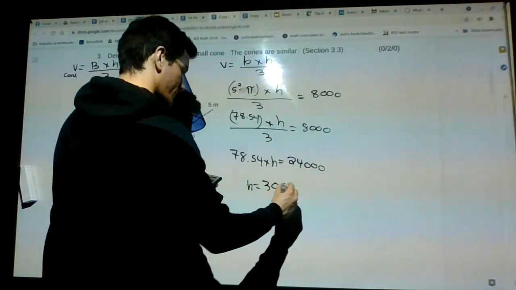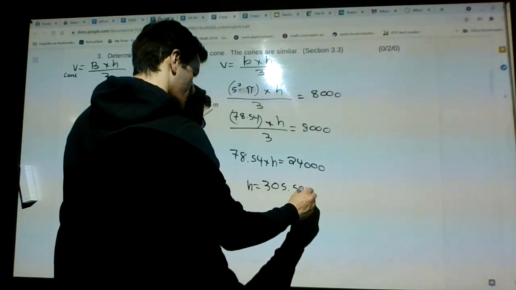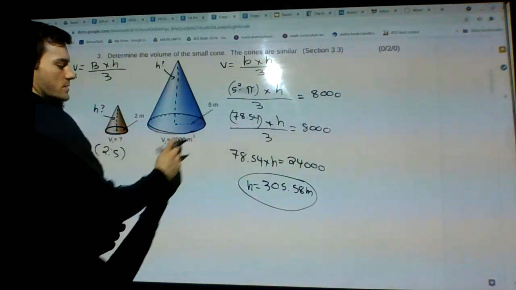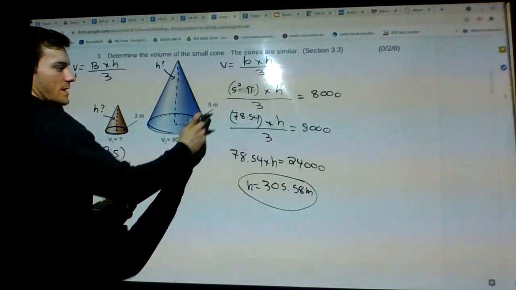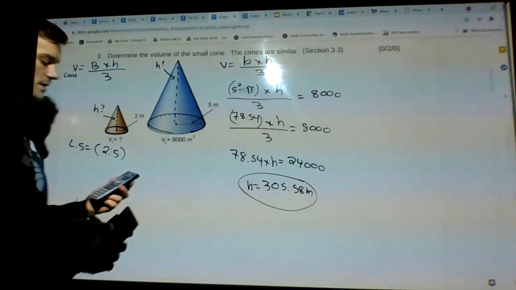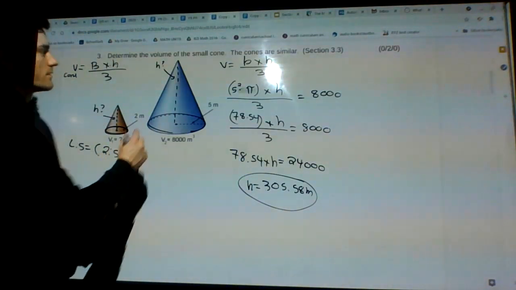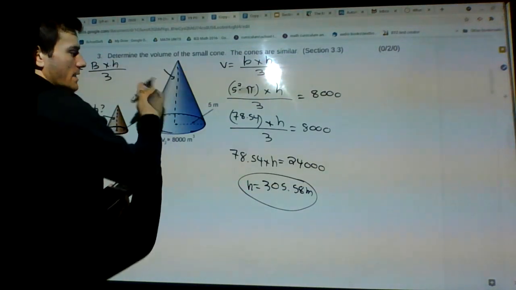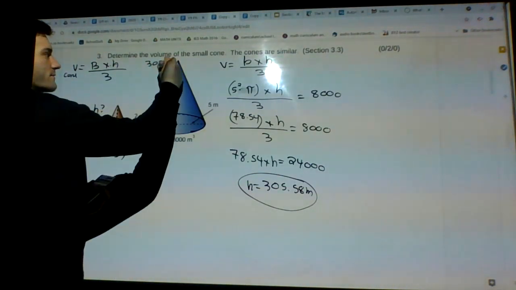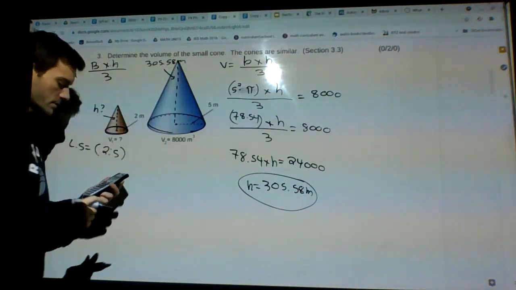We'll round that to meters. And I know it's meters because everything's in meters, right? The length is meters, the volume is meters cubed, so this must also be in meters. So great. We now know the height of this, no more question mark here, the height of this is 305.58 meters.